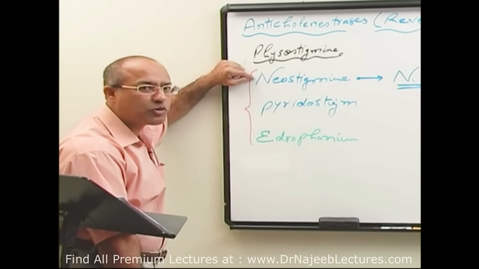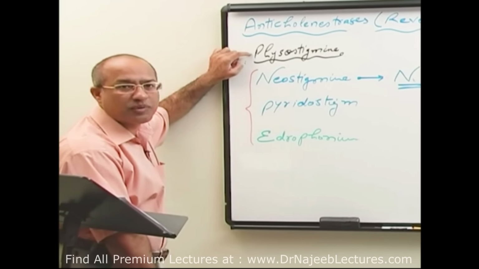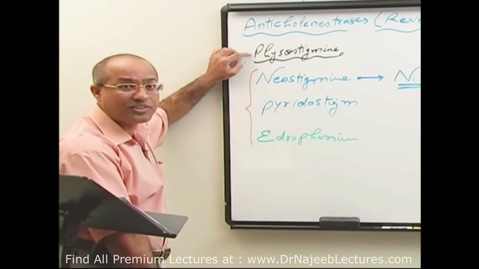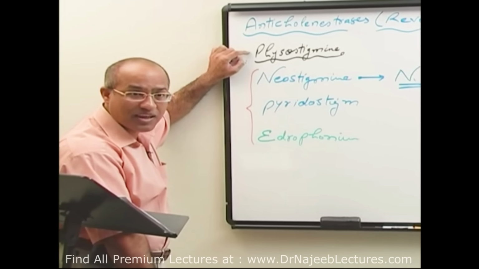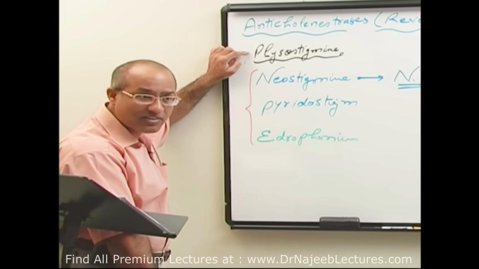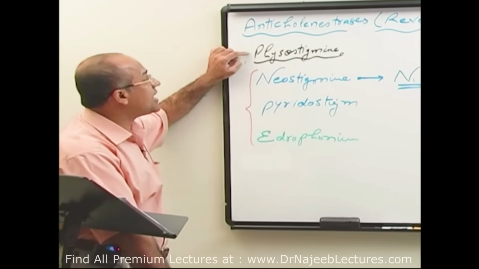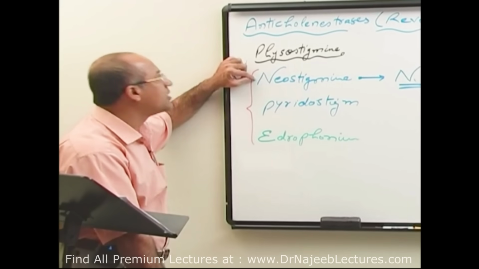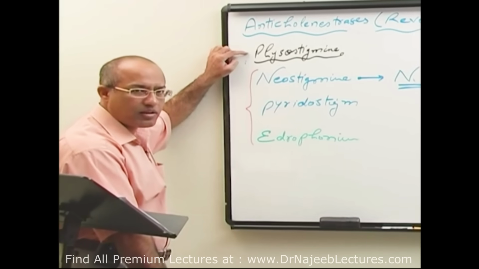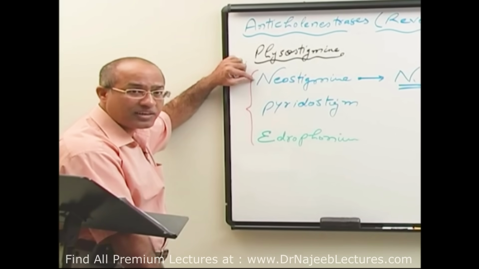For example, if there is atropine toxicity, physostigmine is better because atropine also produces central nervous system toxicity. But neostigmine cannot go to central nervous system. Am I clear? Is that right? So what I am saying is that one of the major functional differences between physostigmine and neostigmine is that physostigmine enters the central nervous system, neostigmine does not.